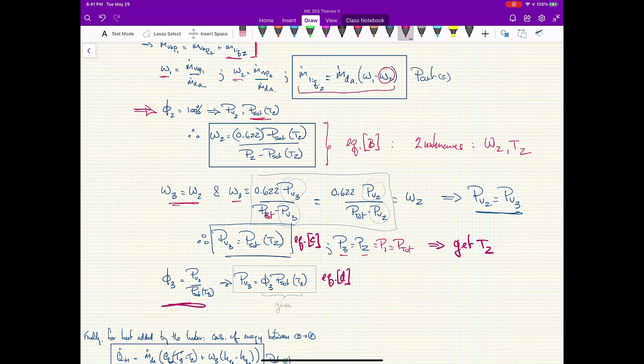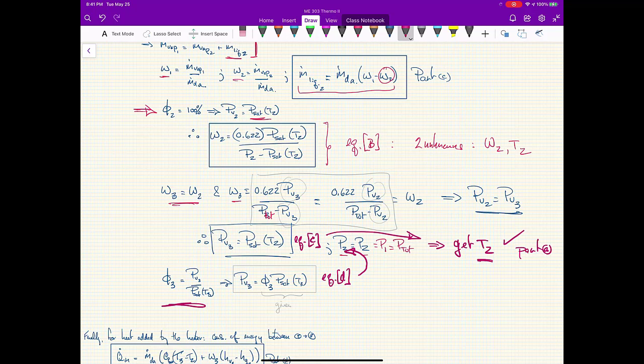So your process, if you were doing this longhand, would be to start with D, substitute D into equation C, and solve equation C to get T2. Now you're done. You've answered part A of the problem at that point. So check part A.